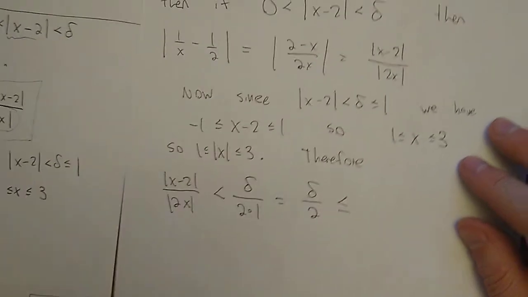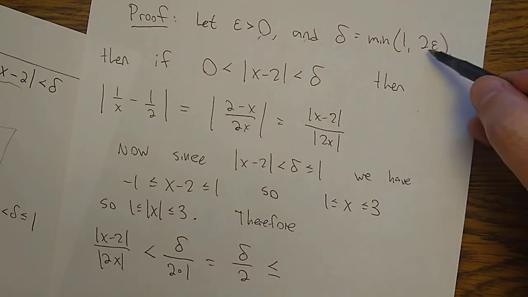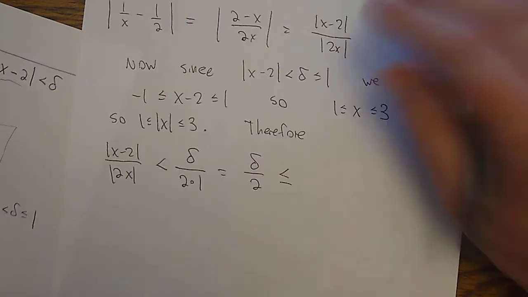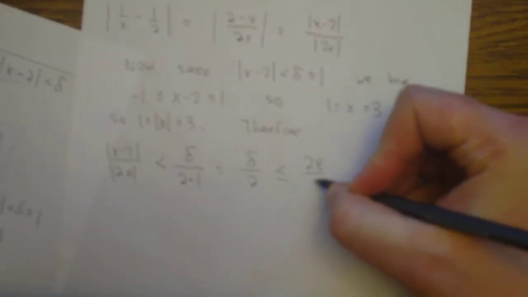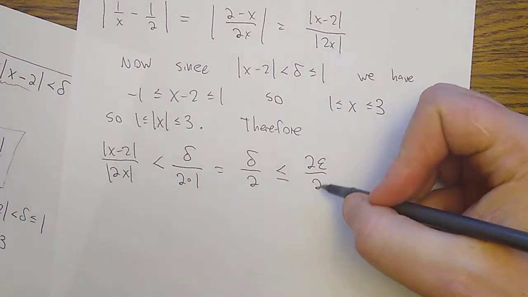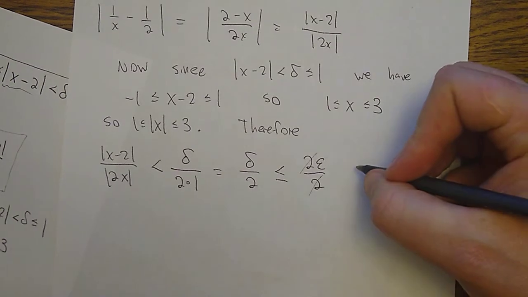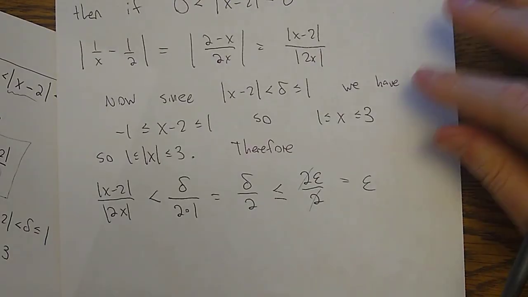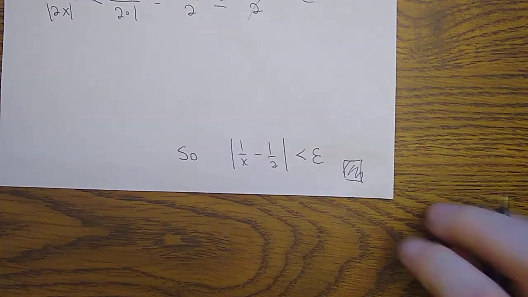Delta is less than or equal to, now I use this one, 2 epsilon over 2. And because we were smart enough to do our scratch work in advance, everything works miraculously. We just get epsilon. And we got it. This is less than epsilon.